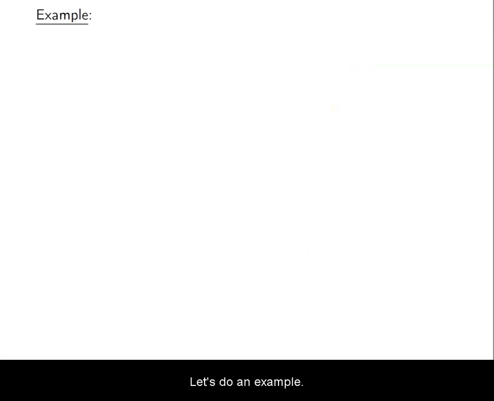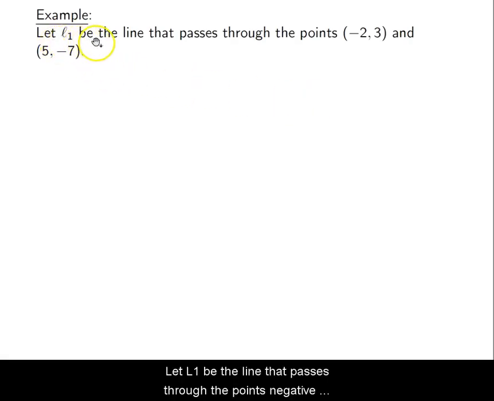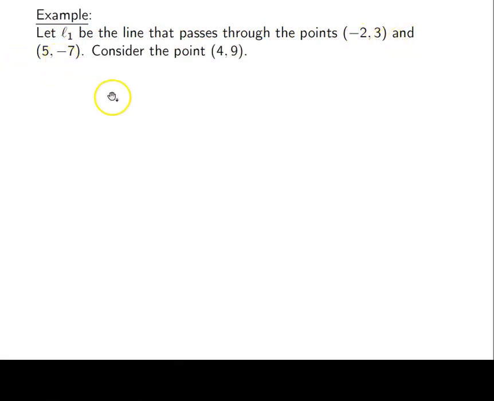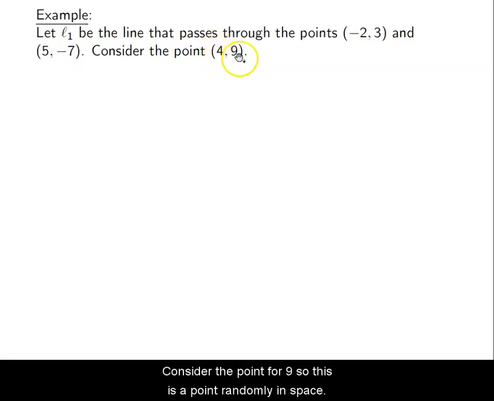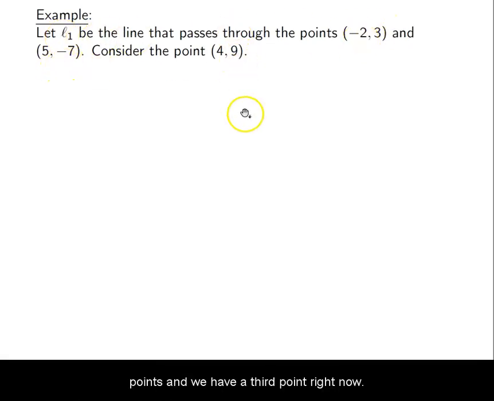So let's do an example. Let L1 be the line that passes through the points (-2, 3) and (5, -7). Consider the point (4, 9). This is a point randomly in space. We're told L1 is a line that connects these 2 points, and we have a third point randomly.